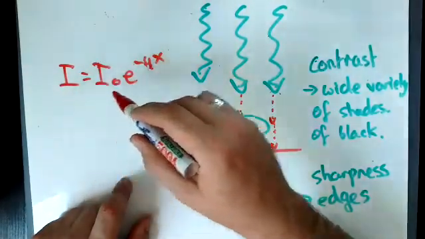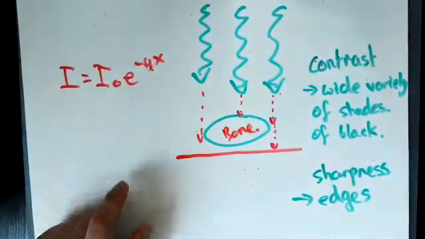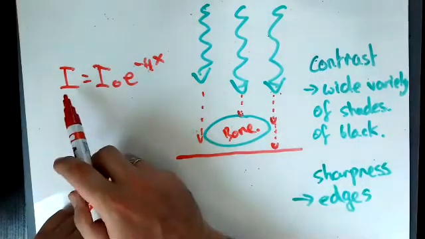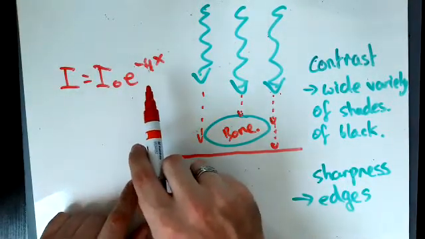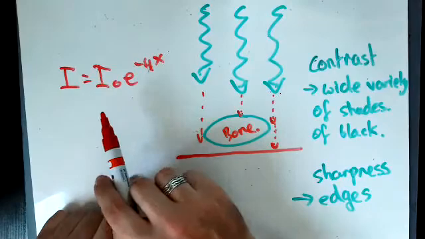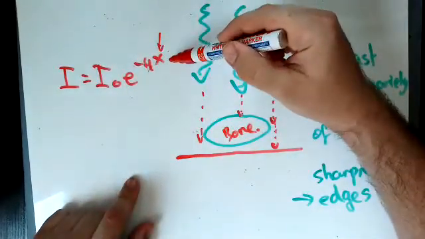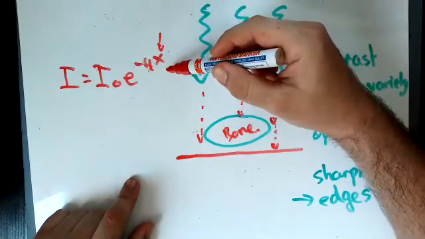And again, you'll have seen this kind of equation in radioactivity, because we use this style of equation for half-life. Very similar here. We actually use this value x as the thickness of the material.